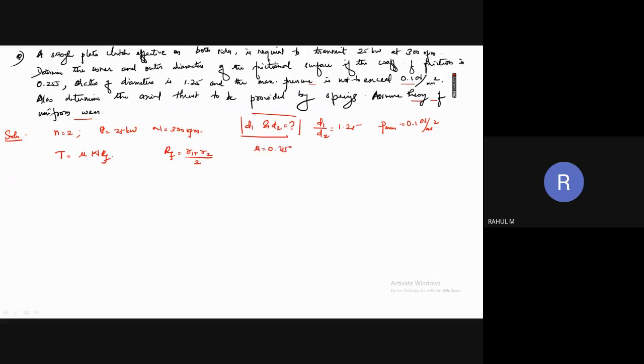And the ratio: D1 by D2 is 1.25, so R1 by R2 will also be equal to 1.25, or R1 is equal to 1.25 R2. So the relationship is clear, right?